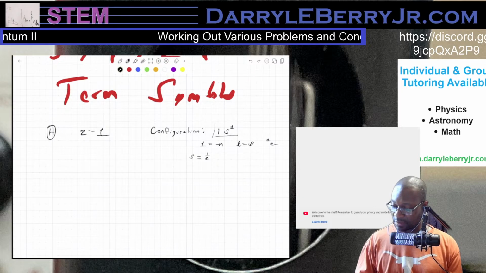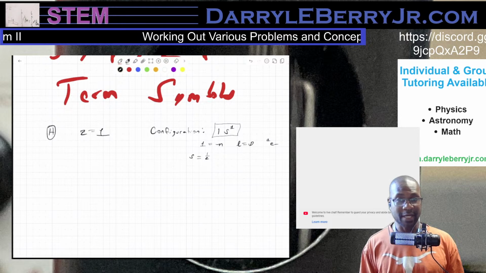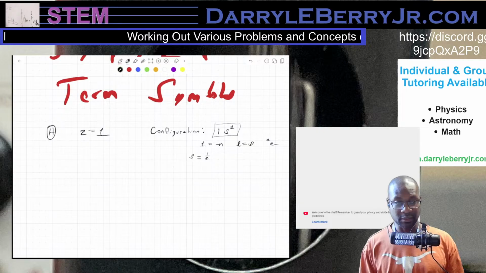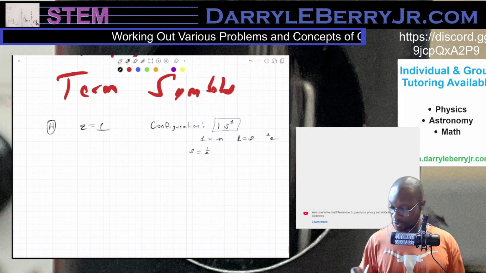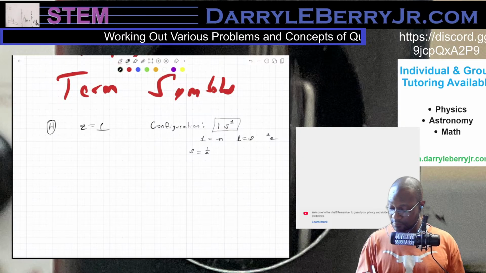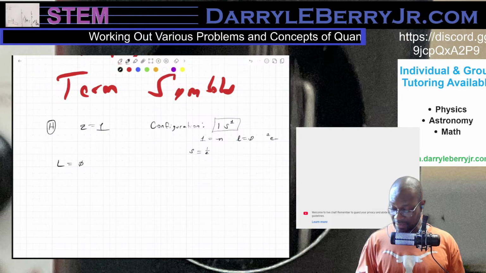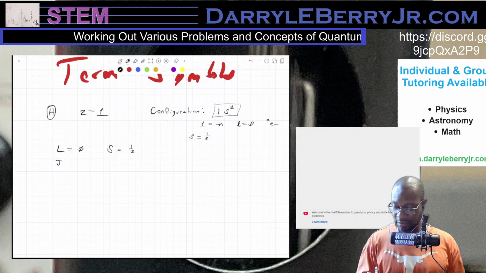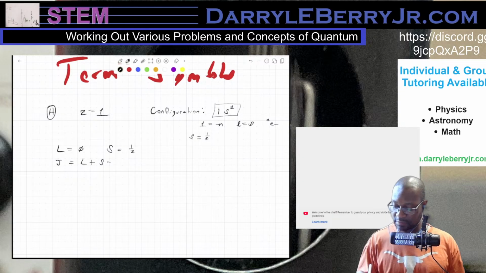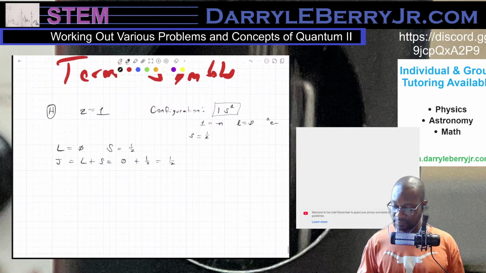The aspect of the configuration of the atom that has a free electron is what determines the term symbol. And so we have our L. Big L is still 0. Big S is still 1/2. And J equals L plus S, which is 0 plus 1/2, or 1/2.